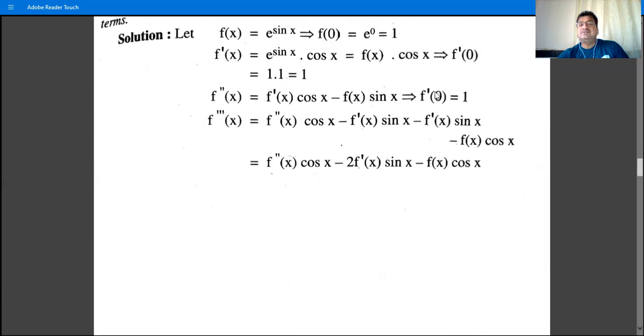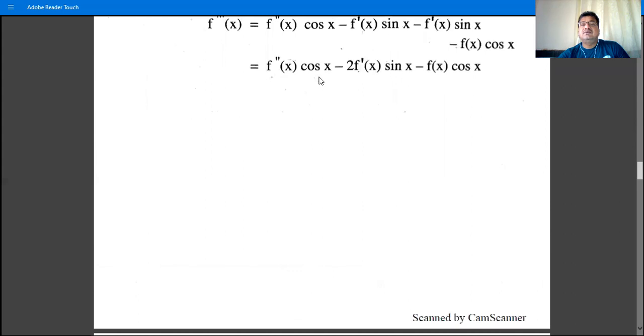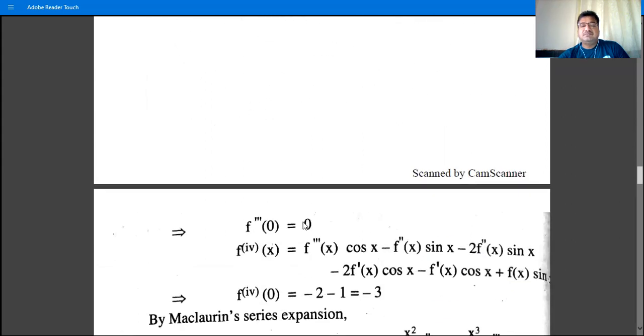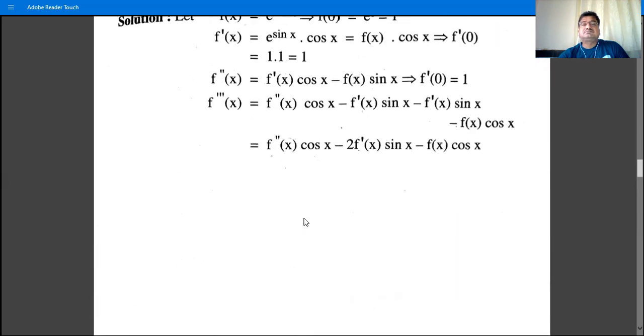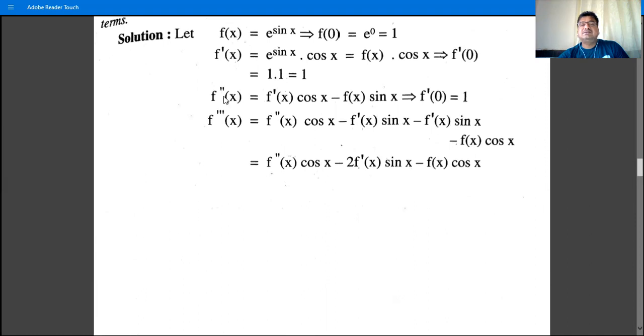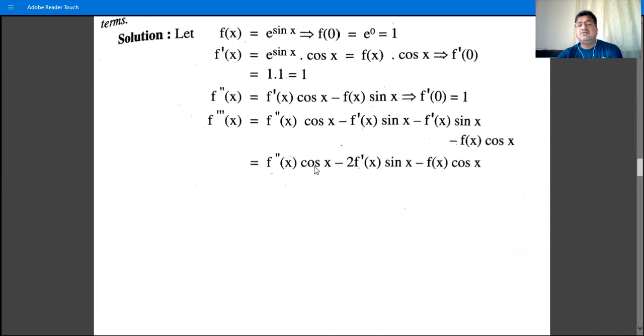is 0, because f'(0) sin 0 is 0. Here f''(0) is 1, and cos 0 is 1. So the value of f'''(0): if we find the value at 0, f''(0) is 1, and cos 0 is 1.